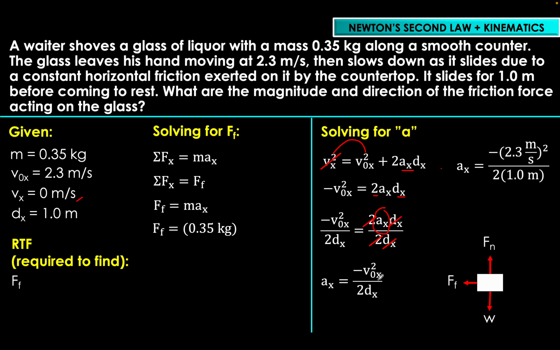Next, we plug in the given. So initial horizontal velocity is 2.3 meters per second, and then raise that to the second power. Do not forget the exponent 2. Now, be careful with this equation. You might make the mistake of raising the negative sign to the second power, but that would be wrong. So in this equation, take note that you need to raise the velocity to the power of 2, and then you affix the negative sign.